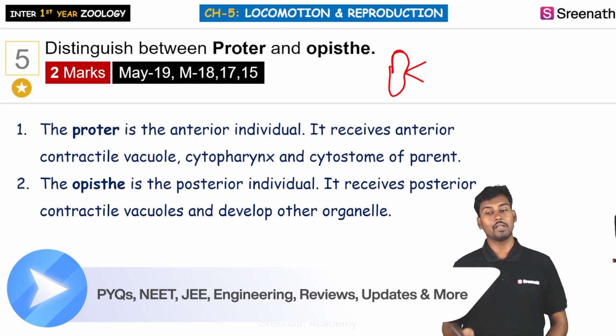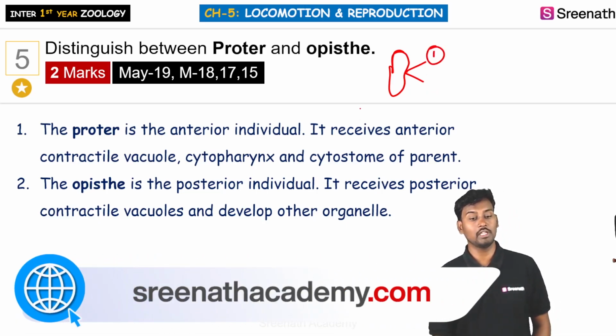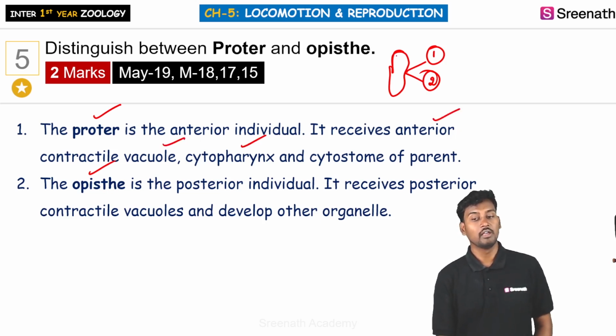So the two daughter paramecium: the first daughter is the anterior daughter, called proter, and the posterior daughter is called opposite. So proter is the anterior individual, whereas opposite is the posterior individual. The anterior individual is the one receiving the anterior contractile vacuole, the cytopharynx, that is the cellular pharynx, and the cytostome, that is the cellular mouth of the parent.